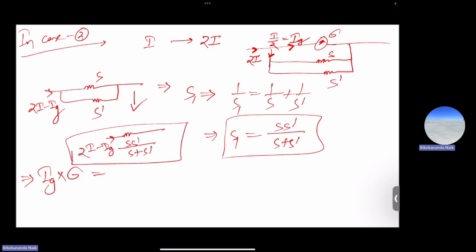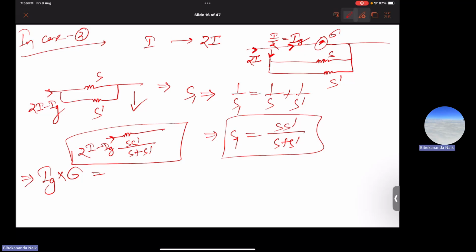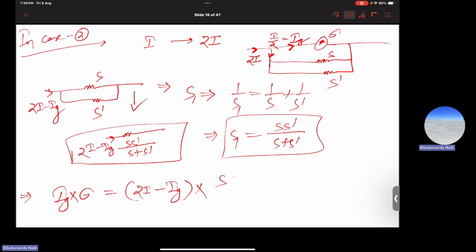So Ig into G equals 2I minus Ig into S S prime divided by S plus S prime. And here we need to find out the value of S prime.